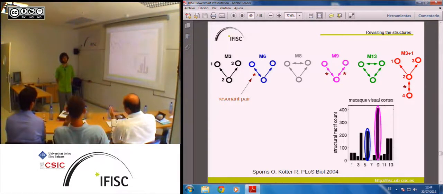controversial in the sense of whether synchronization is an important mechanism in the brain at all, so rate coding versus temporal coding, controversial in the sense of microscopic versus mesoscopic and macroscopic coding.